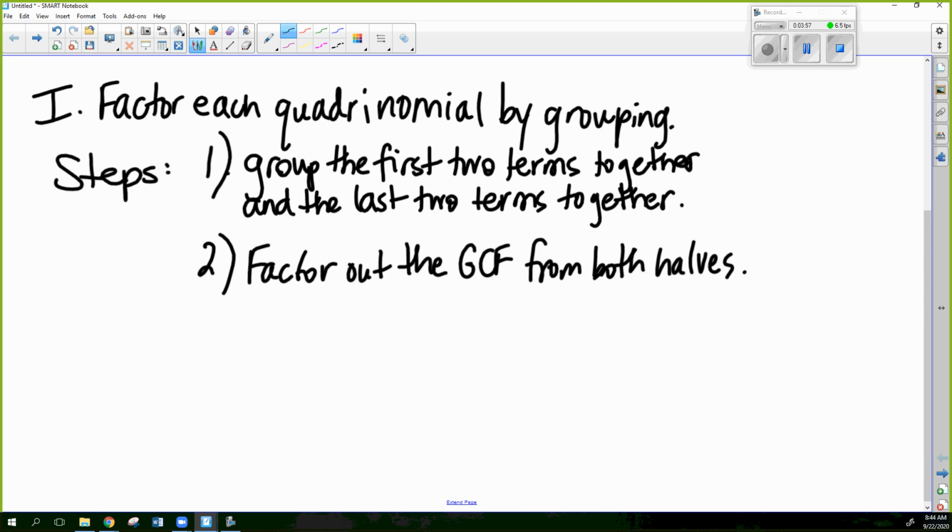You're going to factor out, well, let me say that better, from each half. Let's say it like that, because it's not the GCF between the two halves. So let's just say from each half. Okay, factor out the GCF from each half.